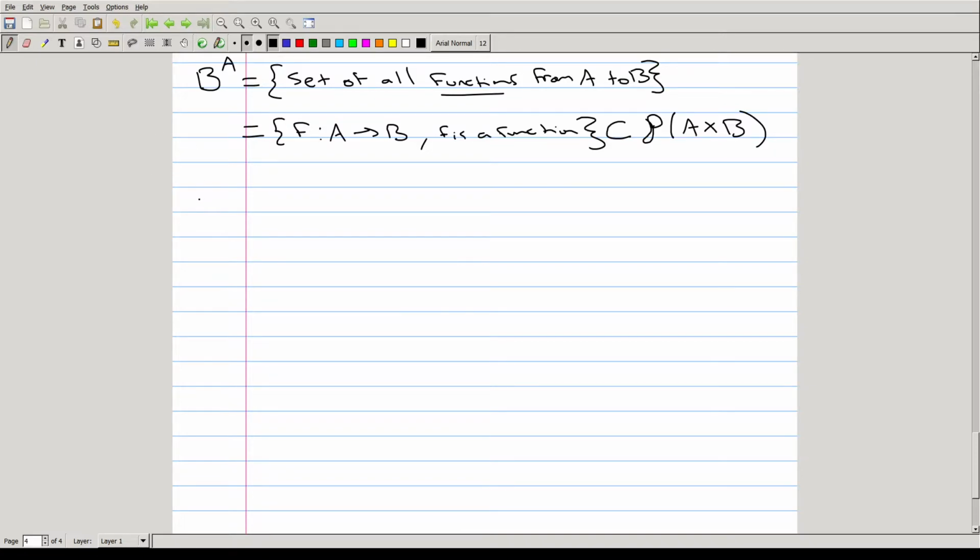And for example here, I'm going to introduce a very special function set, and this is actually the reason that whenever you see the notation 2 raised to A, where A is a set, this is the function set from A into the binary set {0, 1}, using this previous notation, or the set of all functions f from A into the binary set {0, 1}.